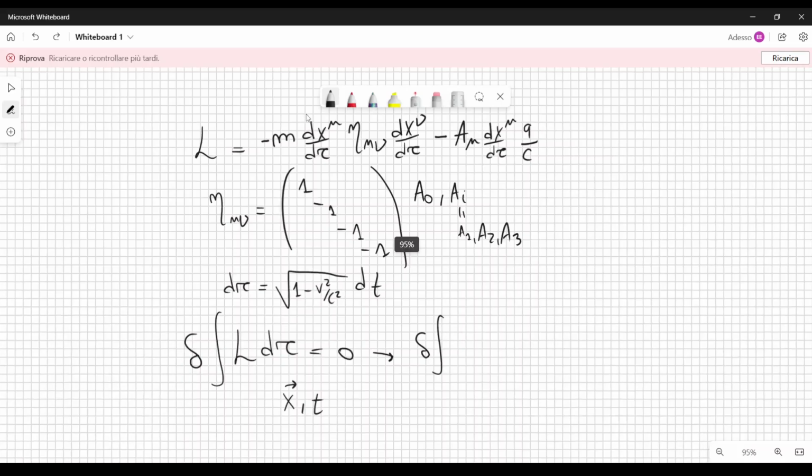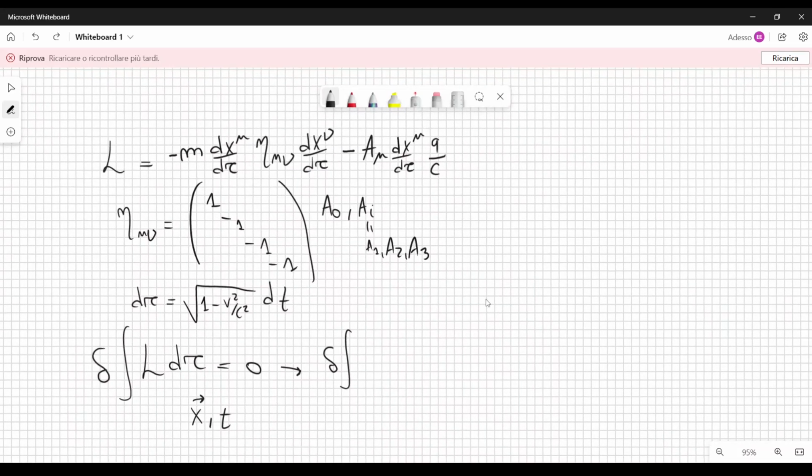And I simply have to rewrite the expression above, and it's quite easy to see that I can write it like this: minus m c squared, and then I have the square root of 1 minus v squared over c squared, and then I have plus. I'm rewriting it like this because, as I said, this is just equal to c squared.